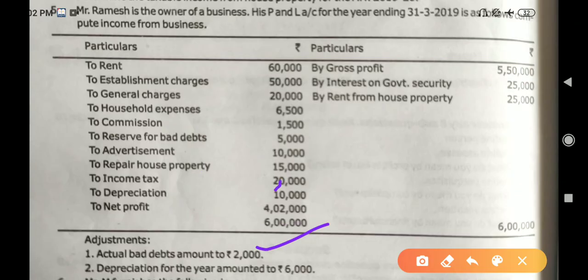And the second one is depreciation for the year amounted to rupees 6,000. See, I already explained, if depreciation is given only on the debit side, that is inadmissible and has to be added back to the net profit.